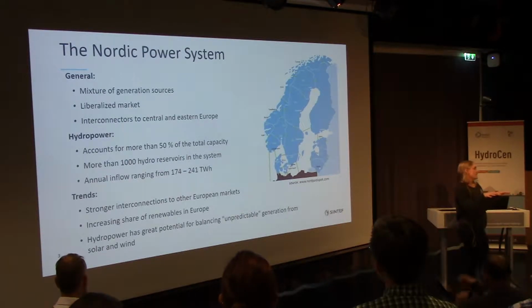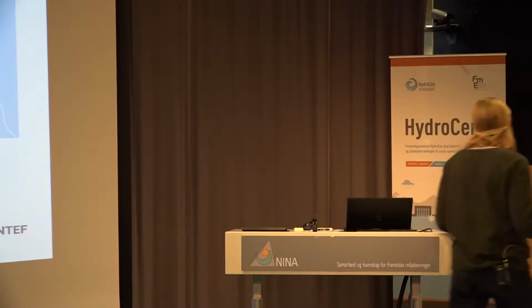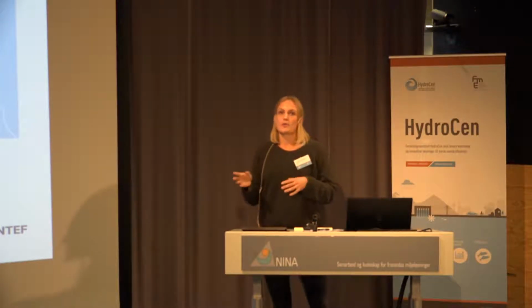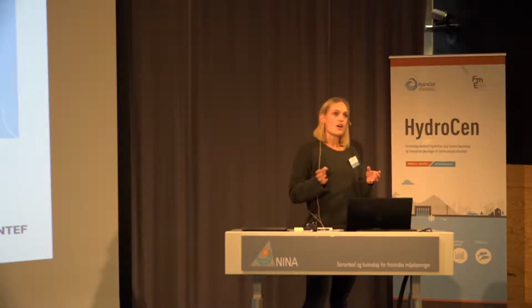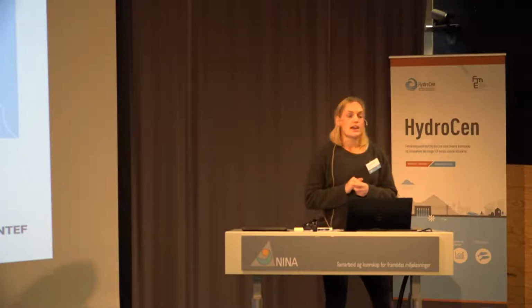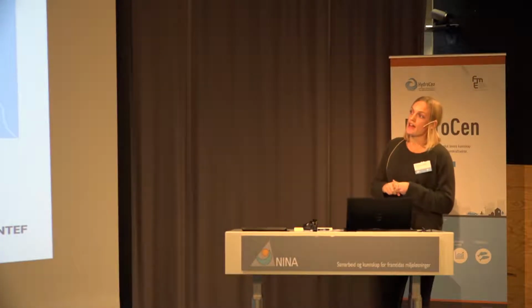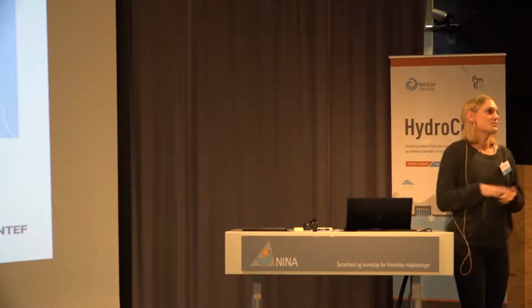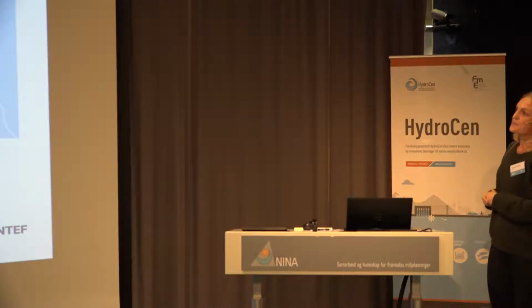So we are also affected by what's happening in Europe, but the special part about the Nordic system is that hydropower accounts for about 50% of the capacity, which is quite unique, and we're very lucky, to put it that way.